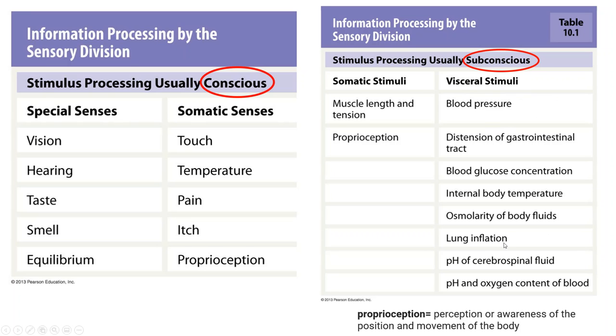Lung inflation, pH of several fluids such as blood, and also the cerebrospinal fluid. Okay, so there is a constant stimulus of all these factors, and if the ranges of these factors go out of the normal, then there are pathways that are activated through these stimuli that will reestablish those factors in the normal range.